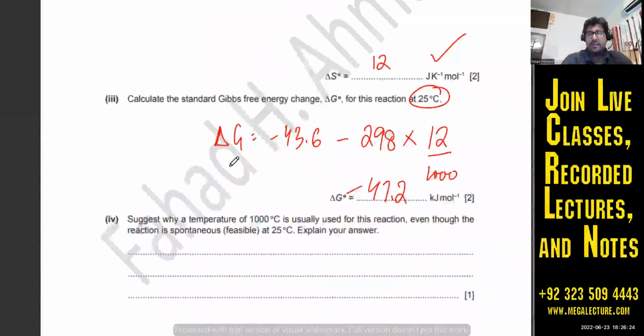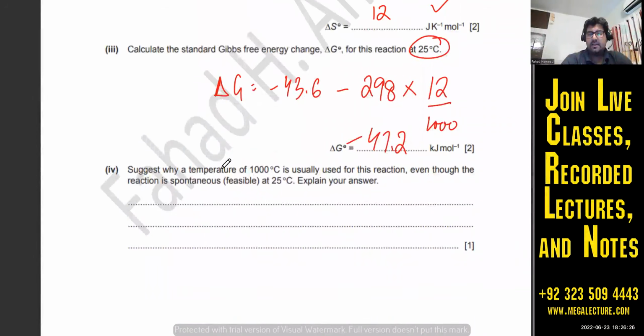And then you have a similar question. Why is a temperature of 1000 usually used for this reaction, even though the reaction is spontaneous at 25? I'll first check whether the reaction is spontaneous or not. So delta S was positive, right?